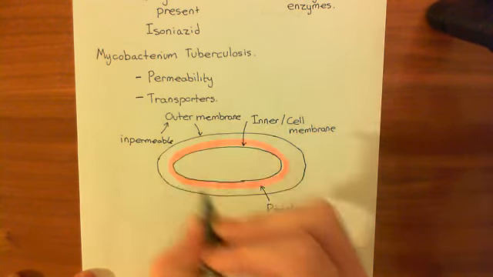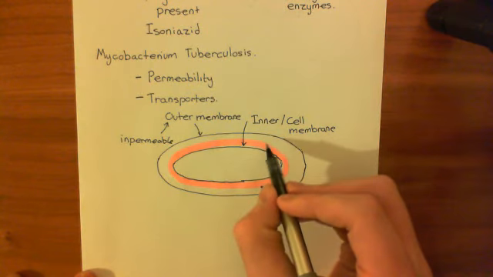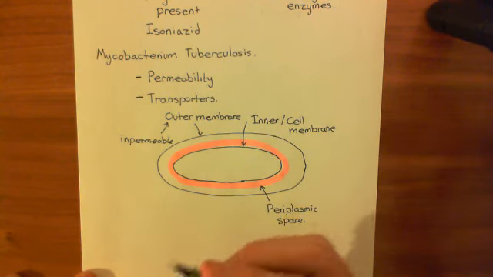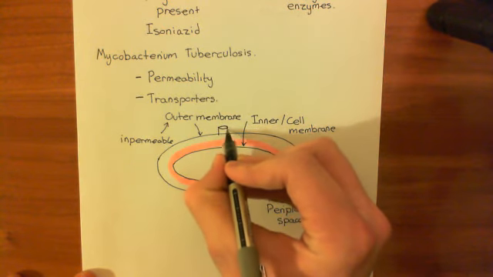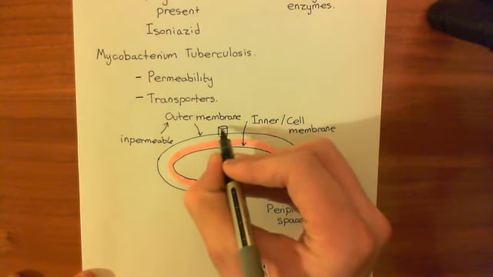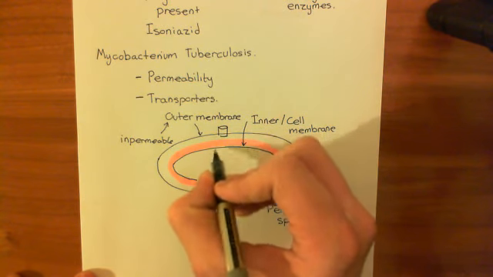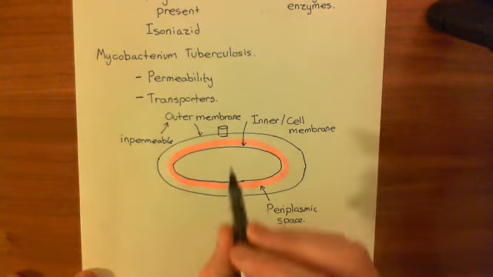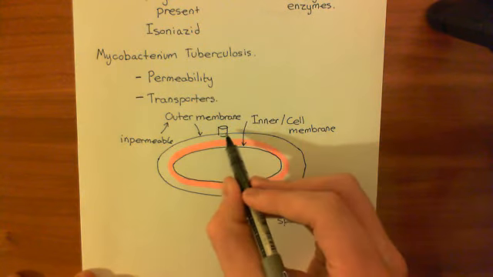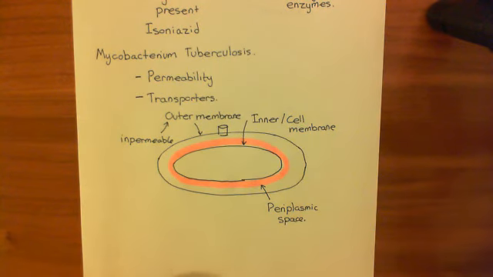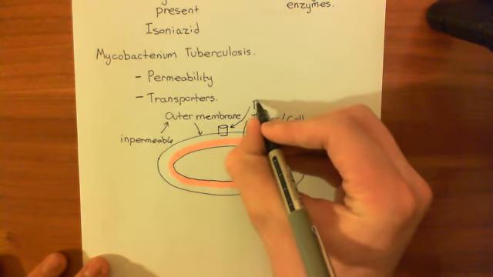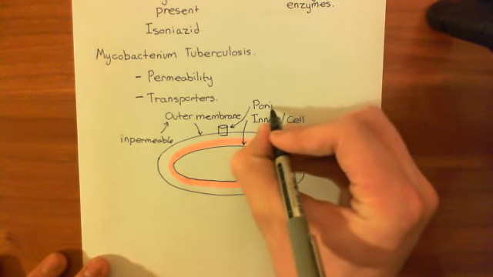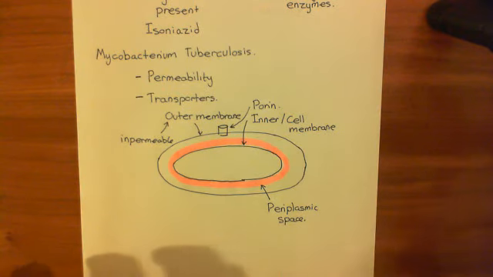Usually, the way we get drugs to go through outer membranes of gram-negative bacteria is that the bacterium would have porins in its membrane, which are effectively just tunnels through which molecules can pass. But Pseudomonas has very narrow porins that are very difficult to get drugs to go through. So this is a porin here.